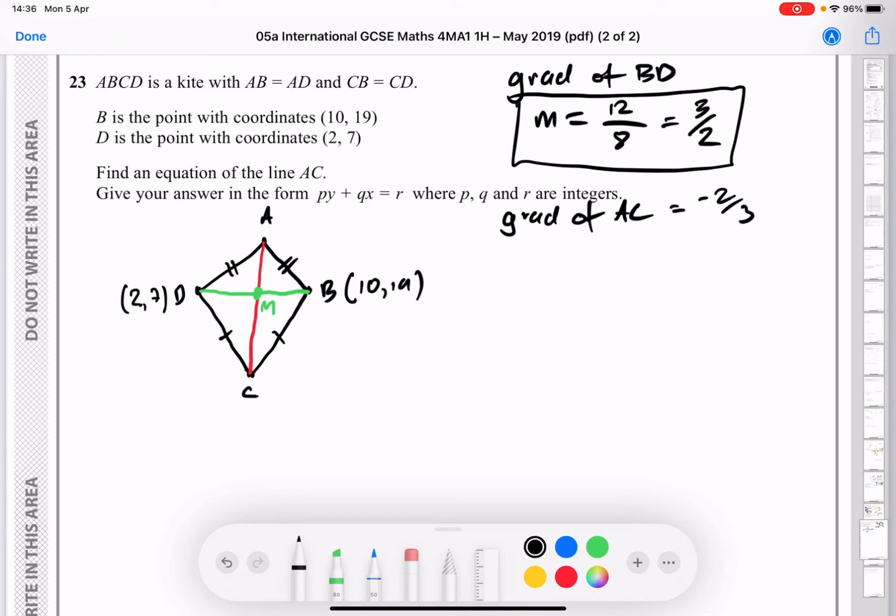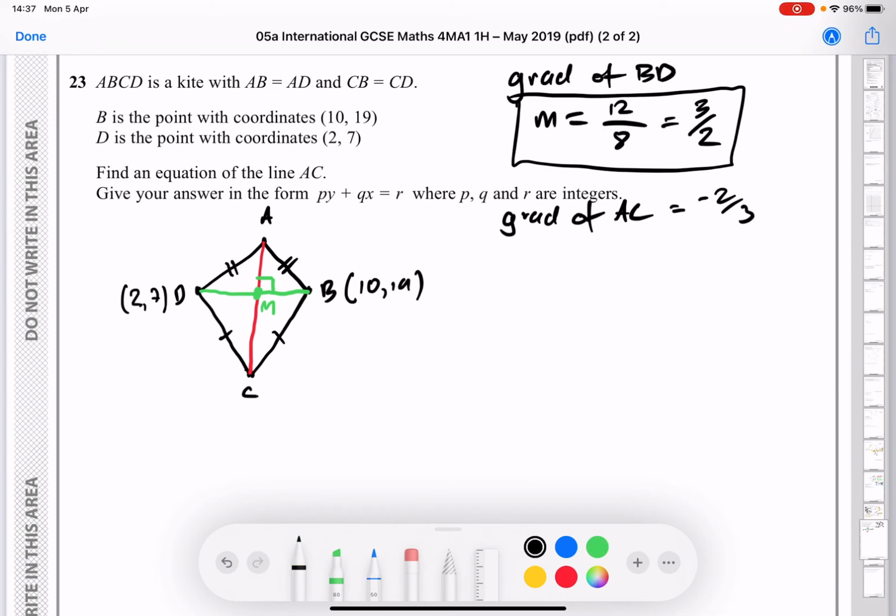It's also important that we should know the lines are at right angles to each other. These are facts. If you haven't got them, you're not going to access all of this question. But that isn't a big disaster.